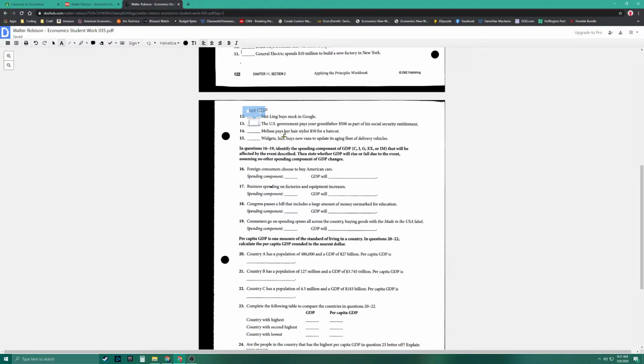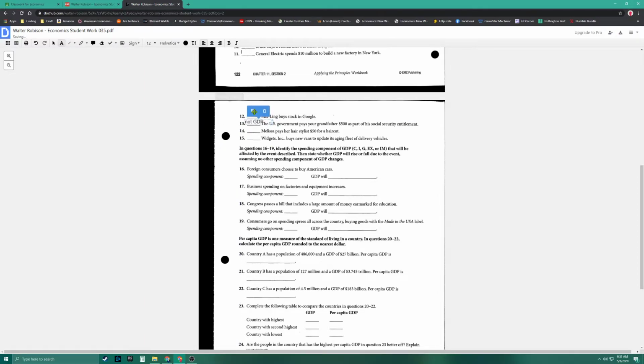All right, next one. The U.S. government pays your grandfather $500 as part of a Social Security entitlement. So it's the same thing, not gross domestic product. And I'm going to have a problem fitting that in there the way that I would like, but oh well. There we go.